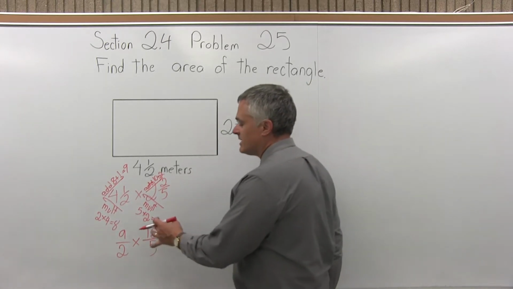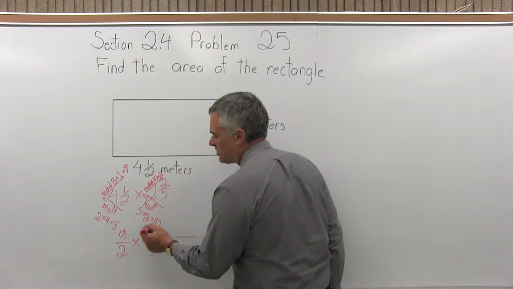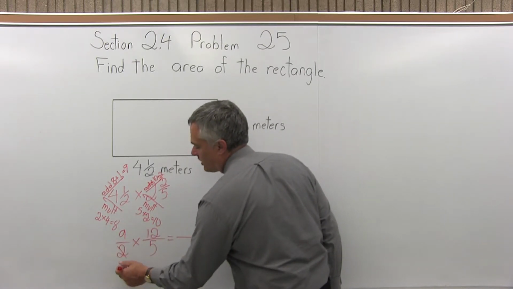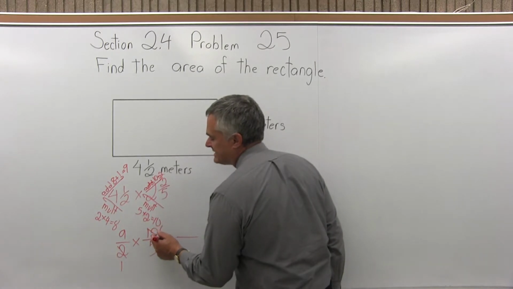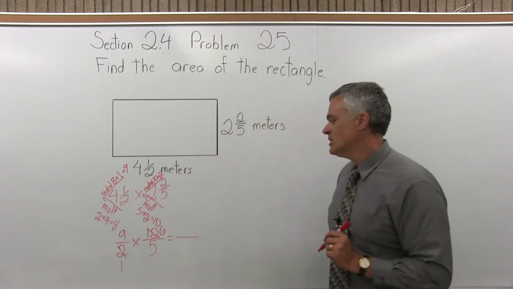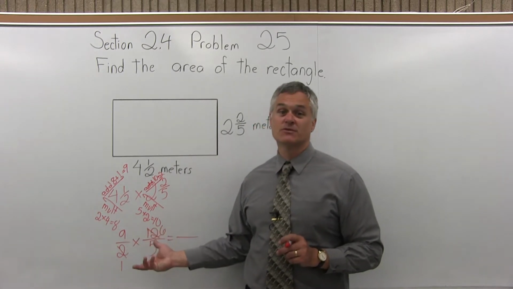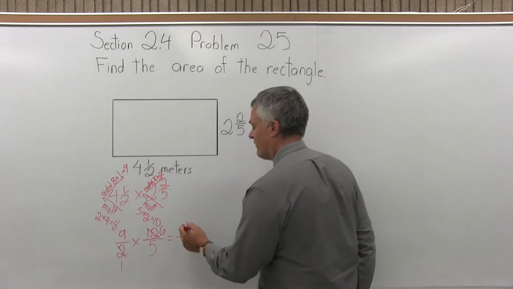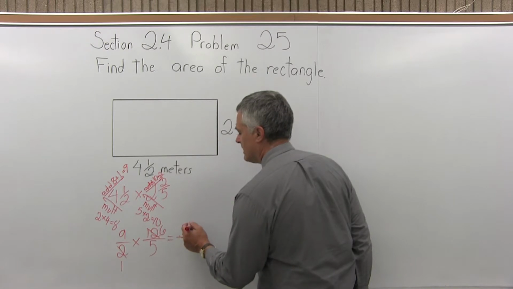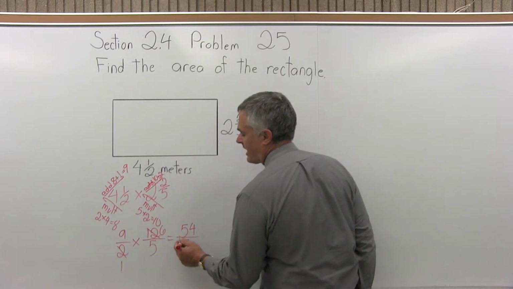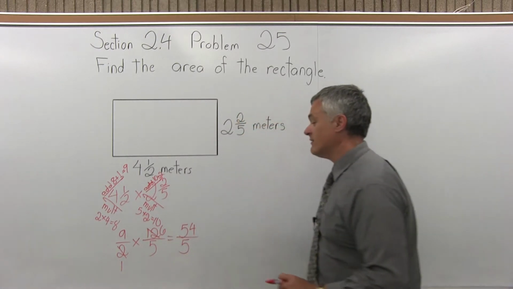I find that if I can make the numbers that I have to multiply a little smaller, it's easier. So I will say that 2 goes into 2 once, 2 goes into 12 6 times. So now, coming across the top, 9 times 6 for the numerator times numerator is 54. And denominator times denominator has become 1 times 5, which is 5.